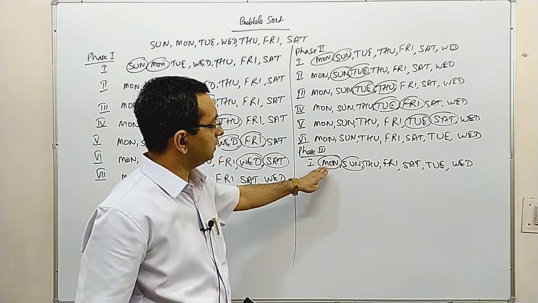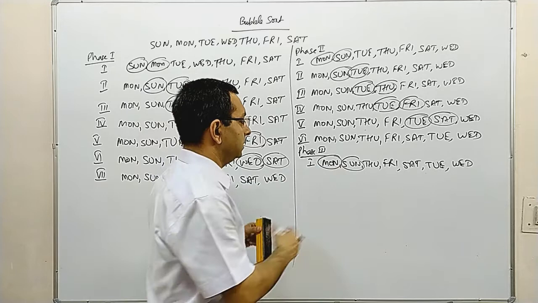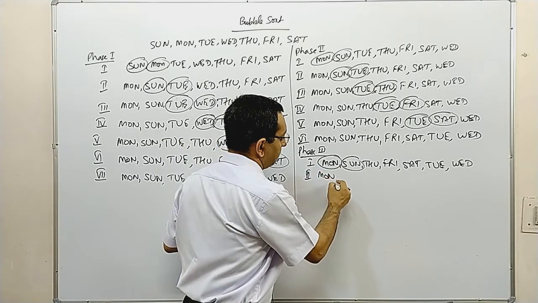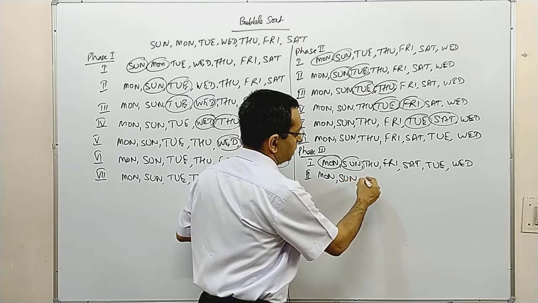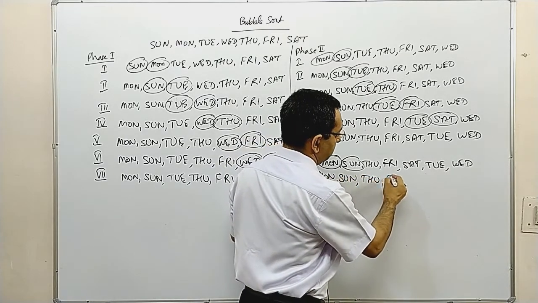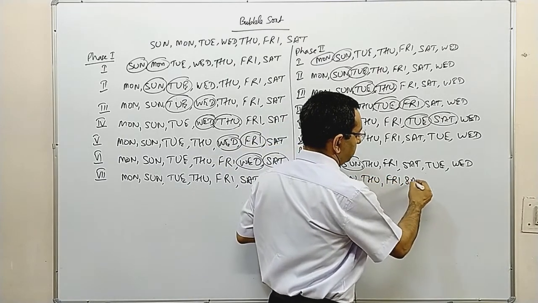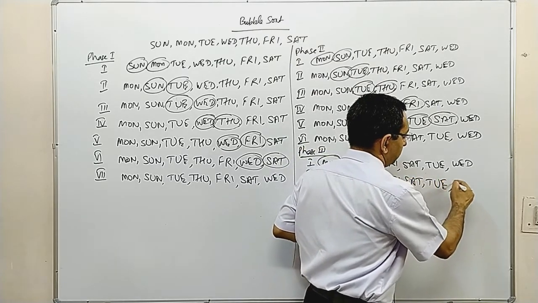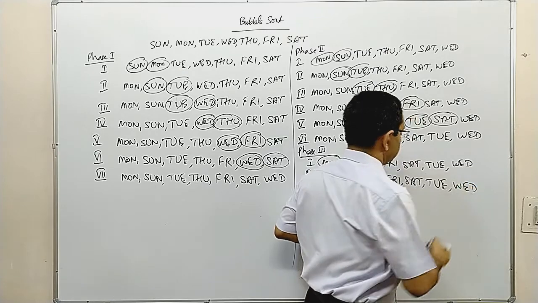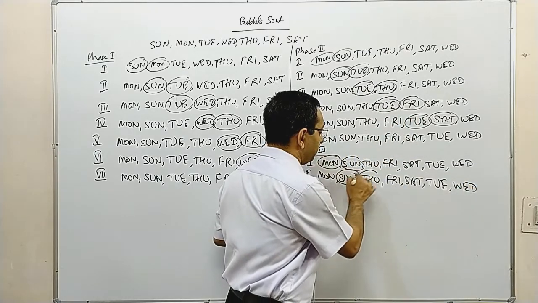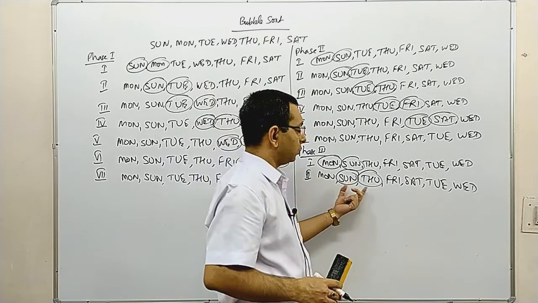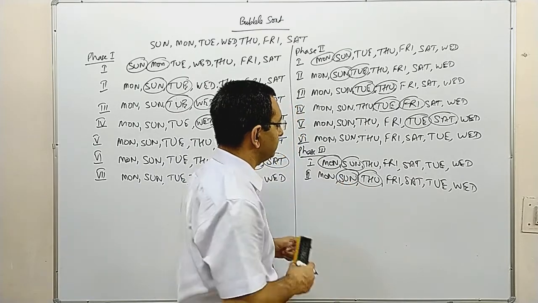M comes first in comparison to S, so it will remain the same. Then Monday, Sunday, Thursday, Friday, Saturday, Tuesday, Wednesday. So Sunday will be compared with Thursday. So again it's sorted. S comes first in comparison to T.